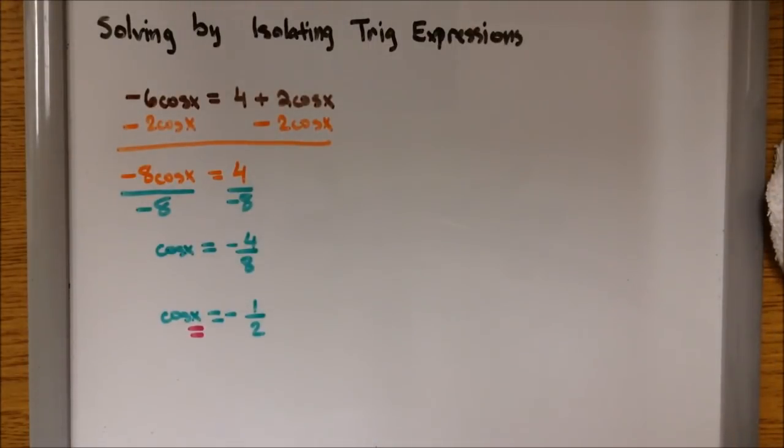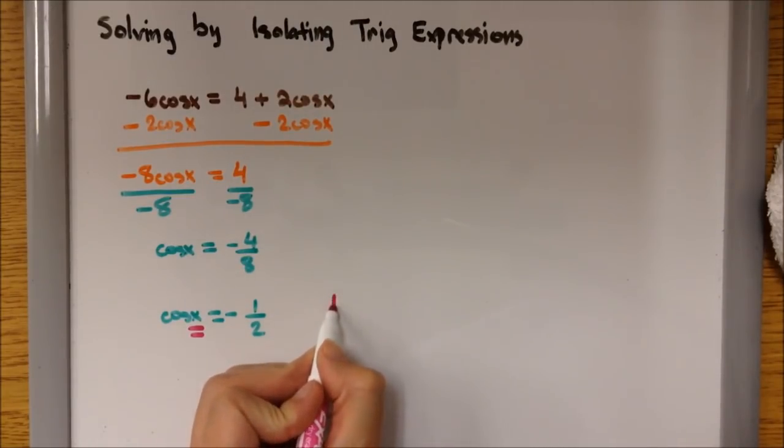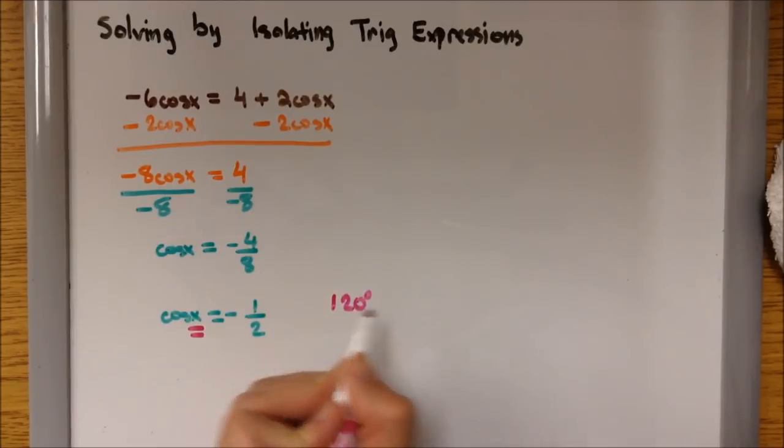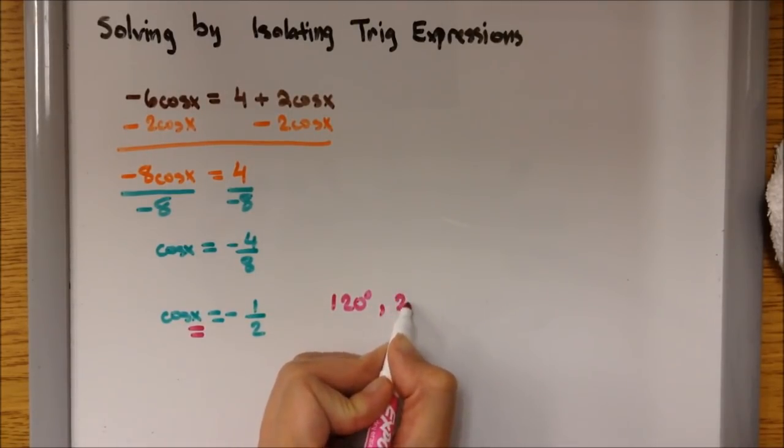So for cosine of x equals negative 1/2, for the angle measure for x, if I were to ask you in degrees, I would say 120 degrees and 240 degrees.